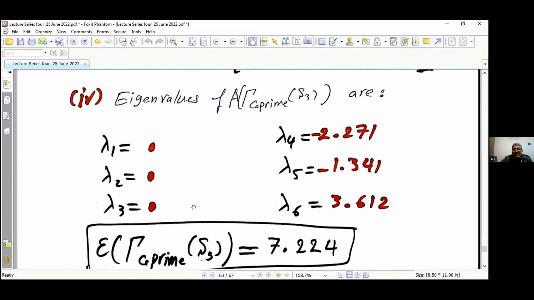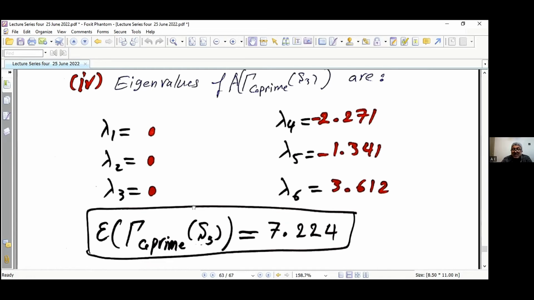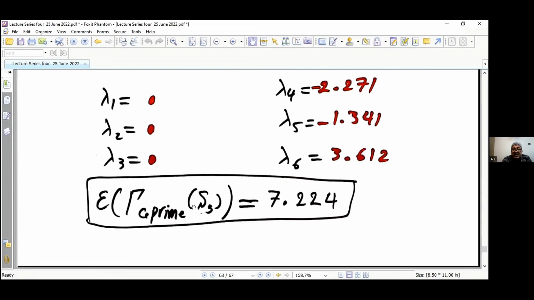So we have 3 zeros and the other three eigenvalues are -2.271, -1.3341, and 3.612. So the energy of the coprime graph is 7.224. We have to find the sum of absolute values of these 6 eigenvalues.